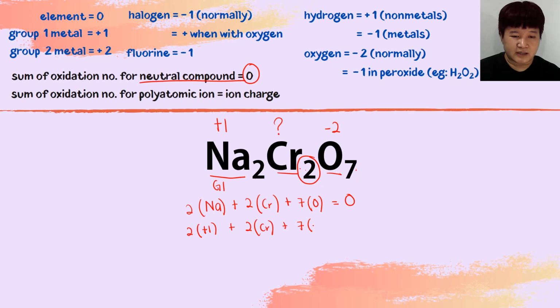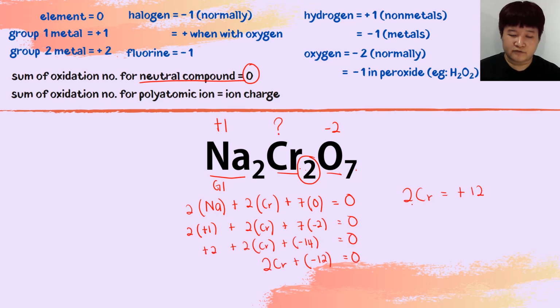Oxygen must be -2. So solve the mathematics. Since we have 2 chromium equals +12, but the question only asks for chromium, therefore it will equal positive 6 only. So your chromium oxidation number will be positive 6. Remember to divide by 2 because we have 2 times the chromium.